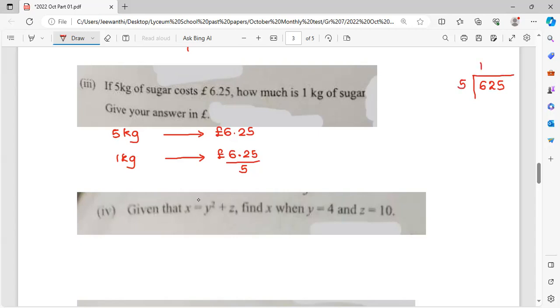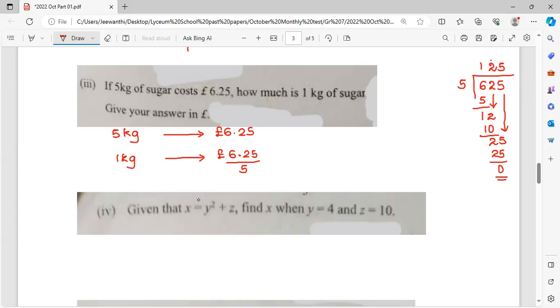5 times 1, 5. So then you have remainder, but you bring these 2 down. 5 times 2, 10. So then remainder 2. Then you bring this 5 down. It's 25. 25 and 0.